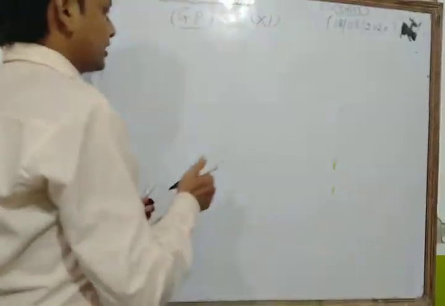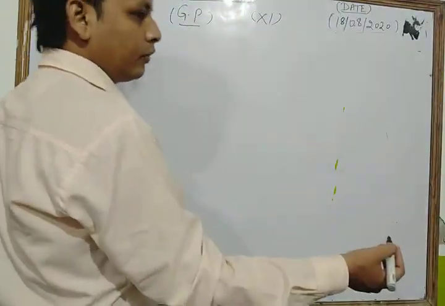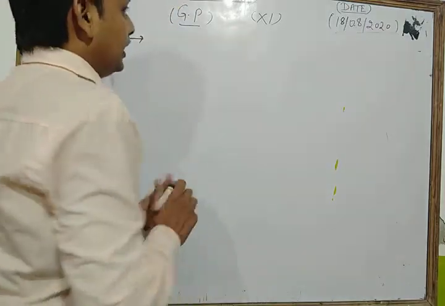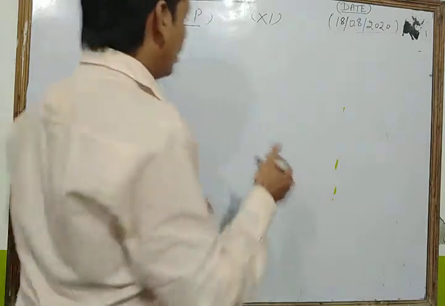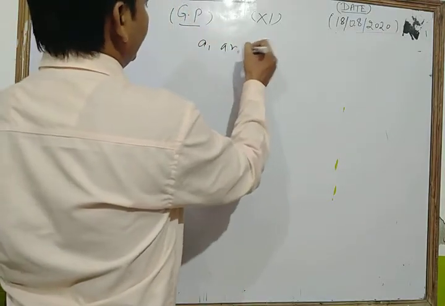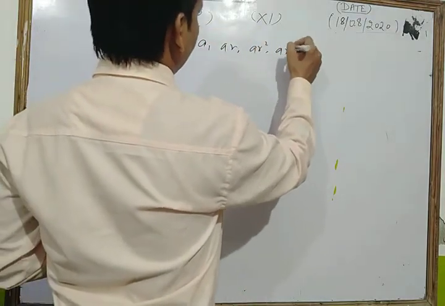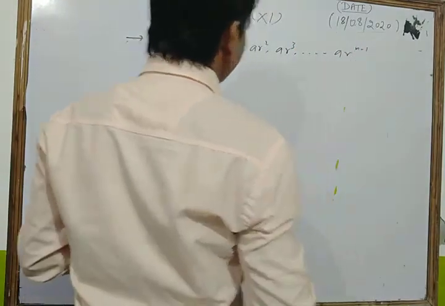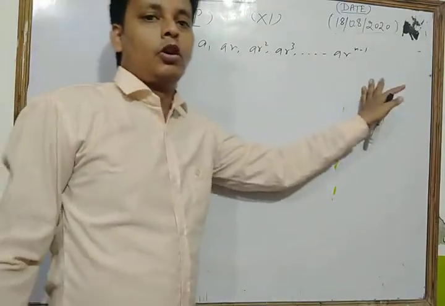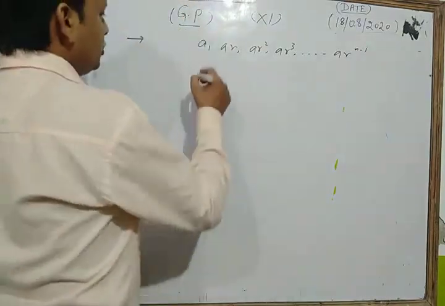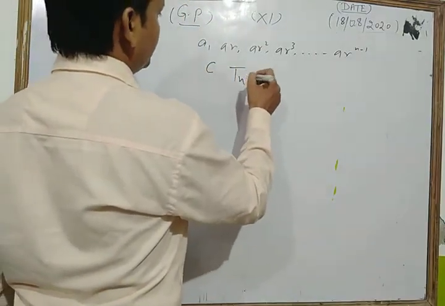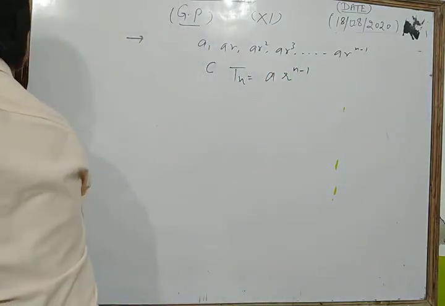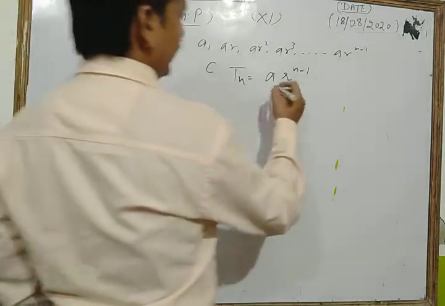Dear students, in the previous class we discussed the general term of a GP, and you know that the GP is in the form a, ar, ar square, ar cube, and so on, ar to the power n minus 1. This is the general term of a GP: ar to the power n minus 1.